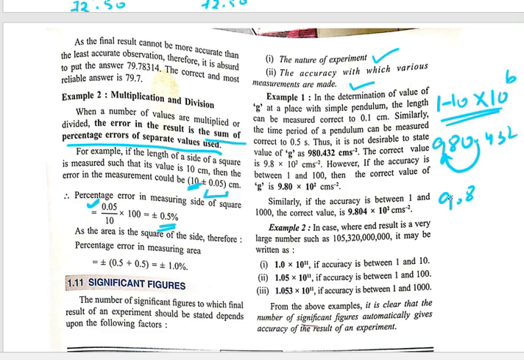As the accuracy is correct to 1 decimal place, 9.80432 correct to 1 decimal place can be written as 9.8 into, how many digits have we moved? 2 digits, that is 10 to the power 2. So this is the correct way of writing it.